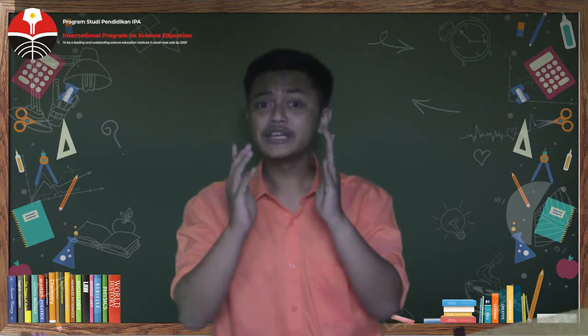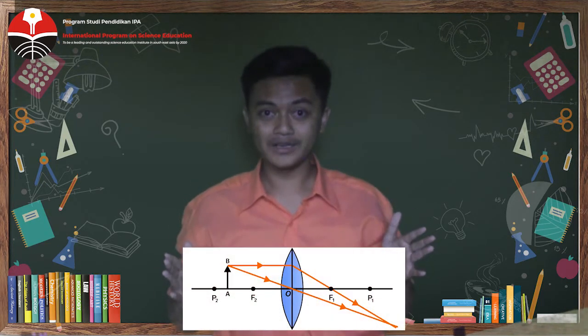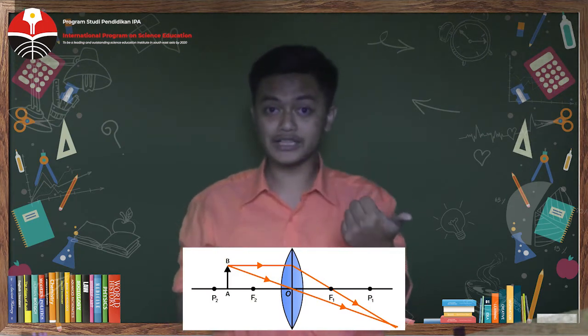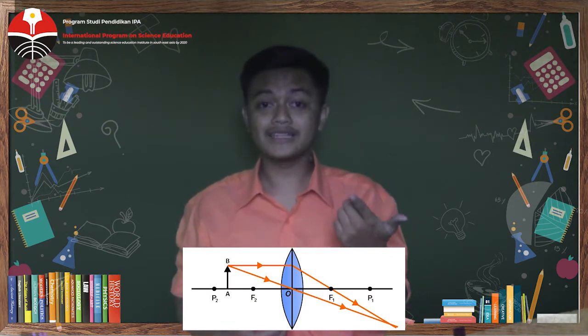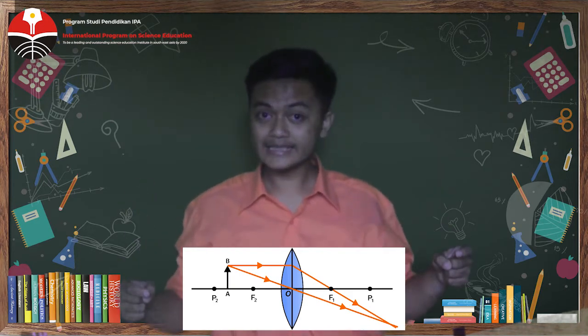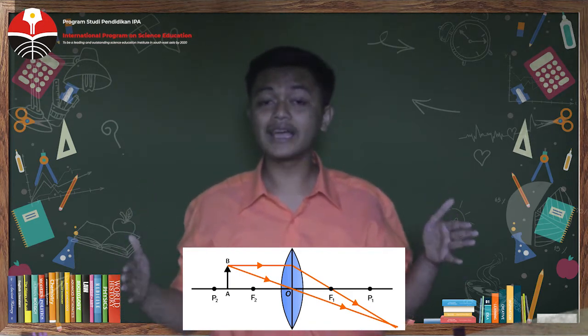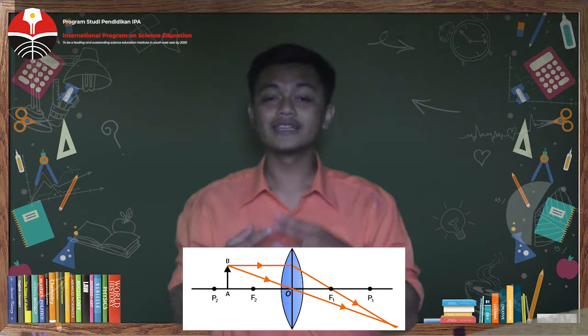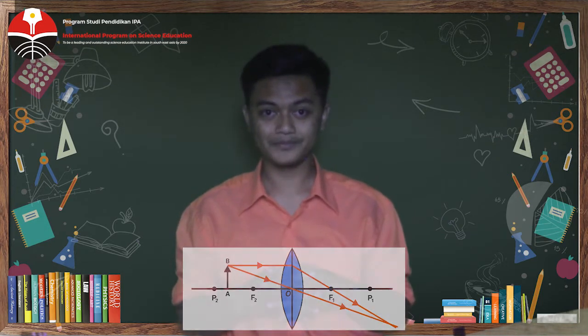The third step is to choose another special ray and add it to the diagram. You can choose special ray 2 or special ray 3. In this diagram, I use the third special ray.